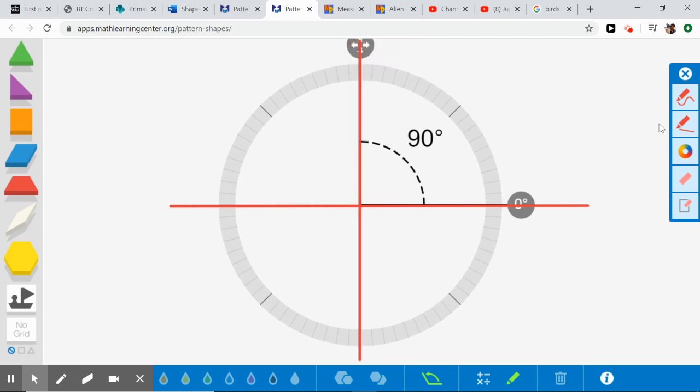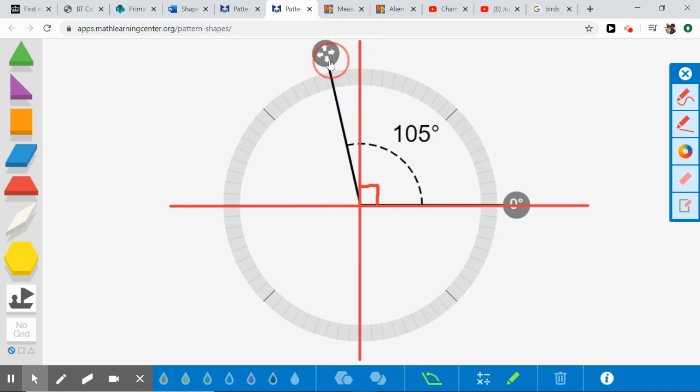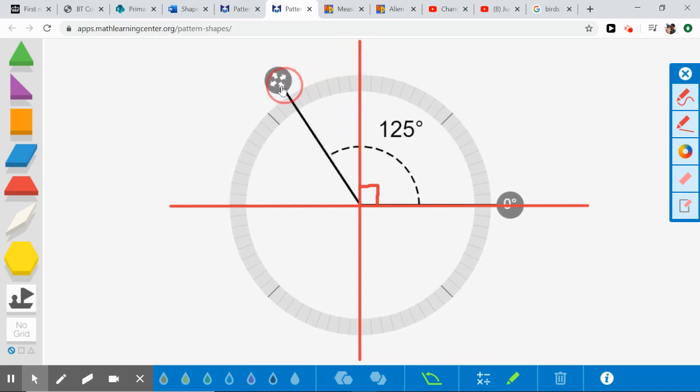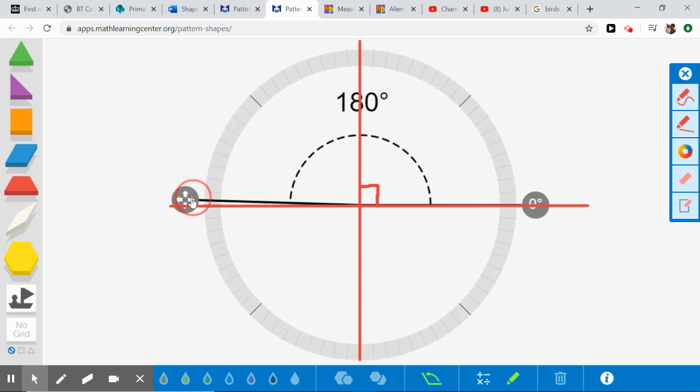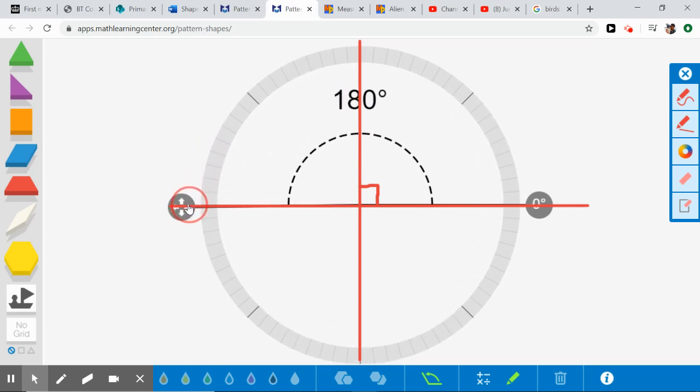Now you should remember this from year 3, that this is a right angle, and we recognize a right angle by doing this. So whenever you see a square in the corner, that's because it's 90 degrees. And if we carry on, this is going up in intervals of 5. Now we've done half a turn, which is 180 degrees.